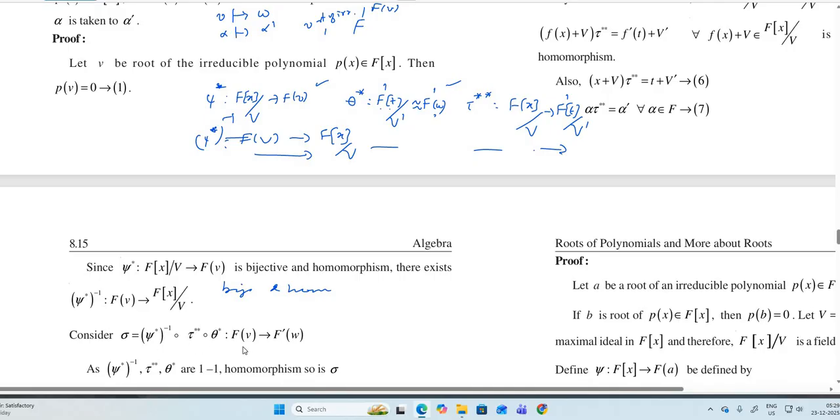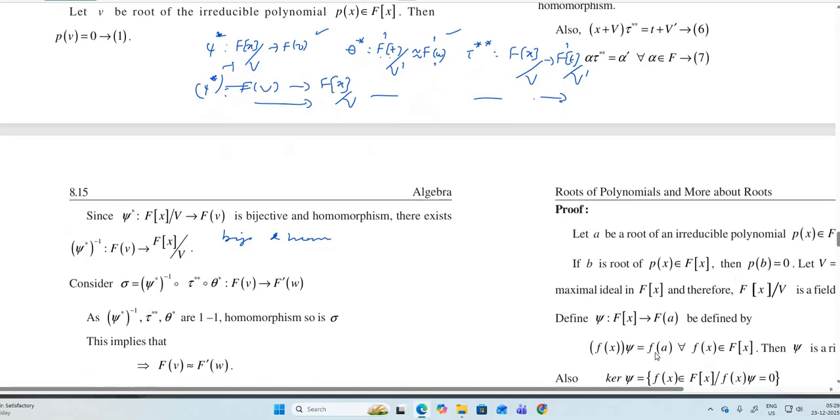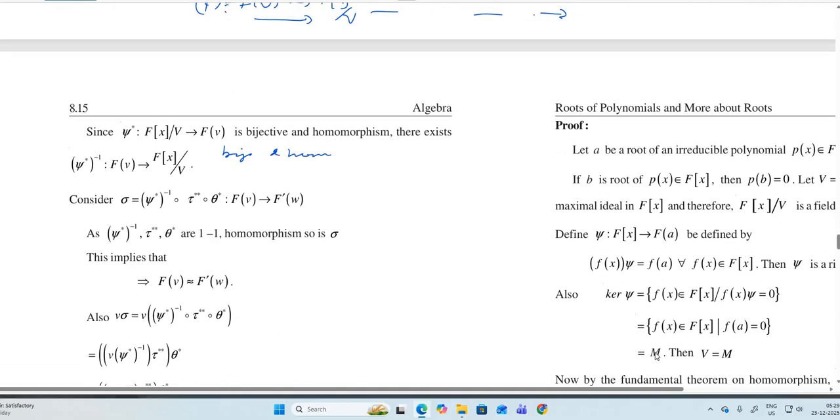So we consider the composition: psi star inverse, then tau double star, and then theta star. It takes you from f of v to f prime of w. And because all these are one-to-one onto homomorphisms, and a composition of bijective mappings is bijective and of homomorphisms is a homomorphism, you have sigma to be one-to-one, onto and a homomorphism.